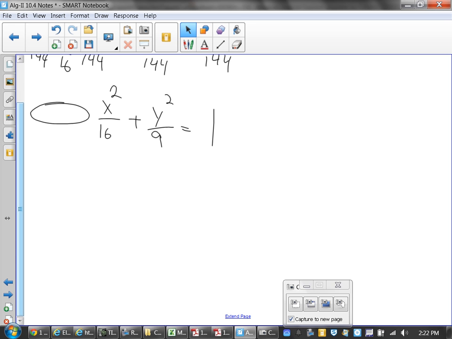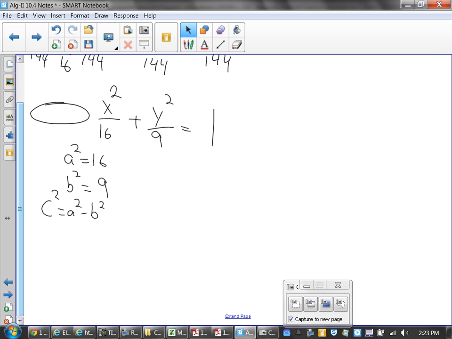Oh, okay. So now what I want to do, like I do in every one of these, is label a's and b's. I know that a squared is 16, b squared is 9, and c squared will equal a squared minus b squared. Everybody okay with that?